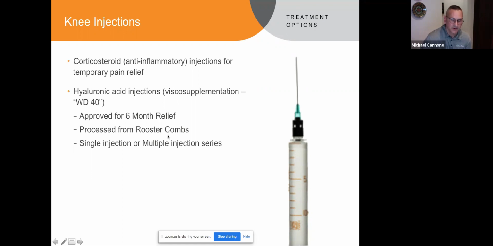And you can get it in the 3 also. They started using this in horse racing to diminish the amount of joint pain that horses were having while racing. And then somebody said, hey, let's see if this helps with arthritis. So they came up with a formulation for humans, and we've been using it for over 25 years now with decent relief in certain patients.